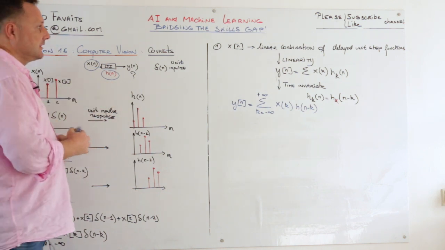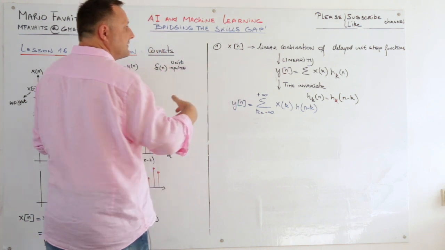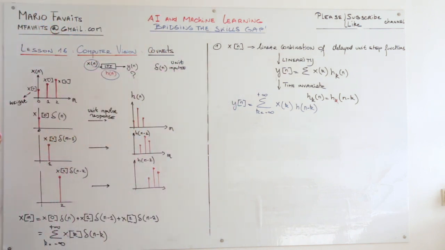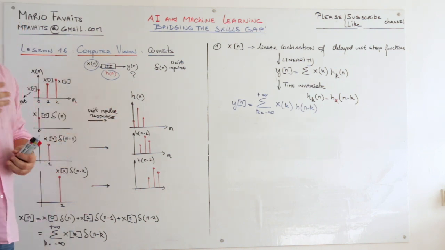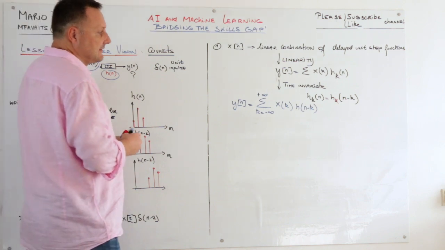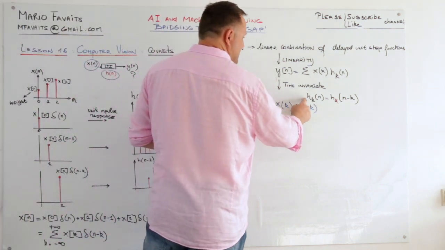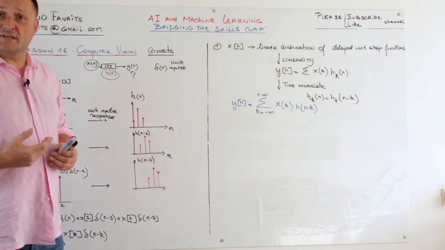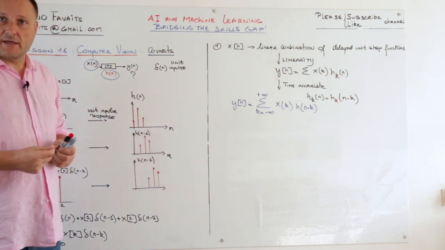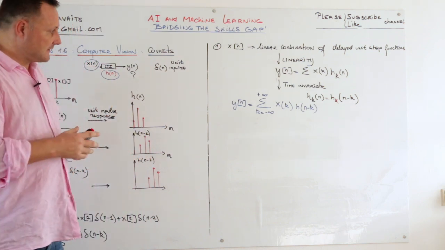Because the input is now written as a linear combination of the unit step functions, the output will be a linear combination of the responses of these step functions, which are the h of n's. And then we use time invariance, that your response at time k is the same as your response at time 0 shifted over k. This is the time invariant feature.